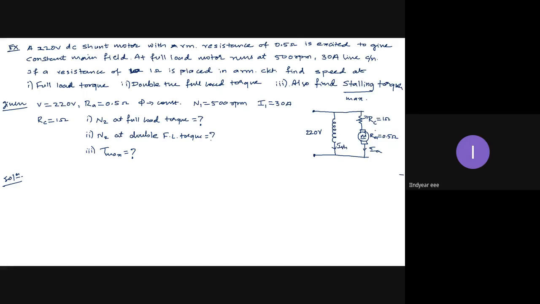That is the question asked. Second case, by adding 1 ohm resistance in armature, if the load torque is doubled, what is the new speed? That is what the question is. So we'll start solving with the first case, at full load torque.